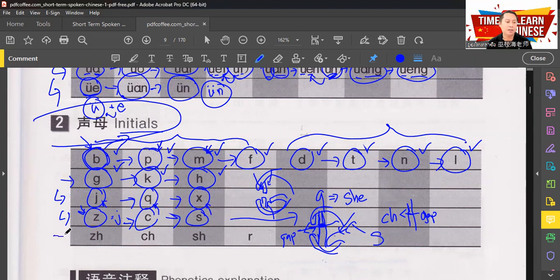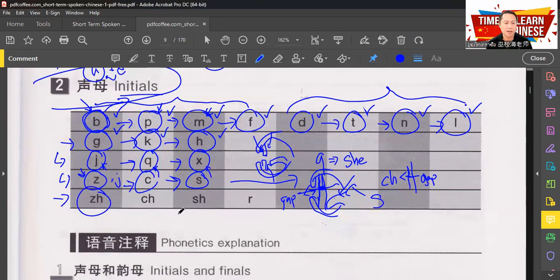Okay, for the last row, ZH, the different thing is your lip. Okay, your teeth are also the same from this row. It means that your upper teeth and lower teeth cannot close together.